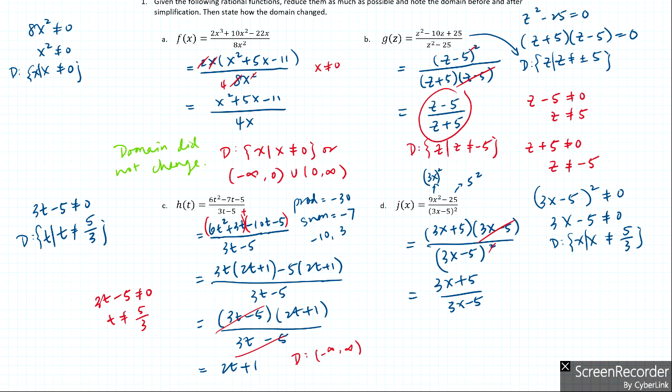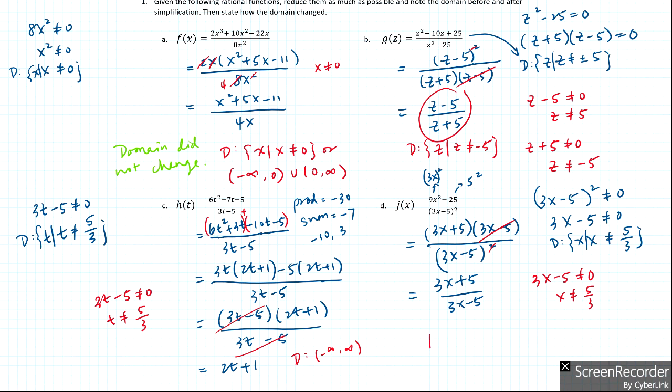So along the way, as we're canceling things out, we are making the assumption that 3x minus 5 doesn't equal 0, because that's what we had to cancel out over here. And again, we already had that restriction to start with. And now if we look at the final result, we still have the same denominator. The denominator stayed the same as 3x minus 5.